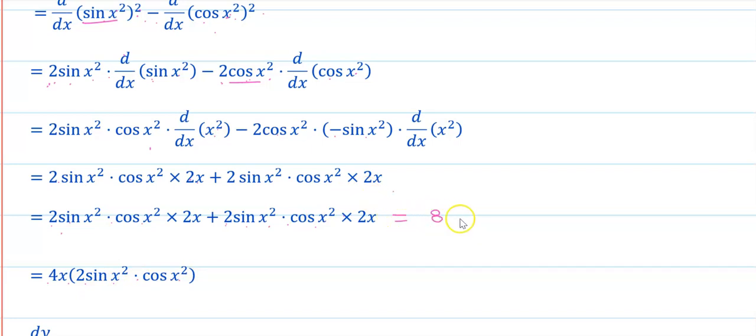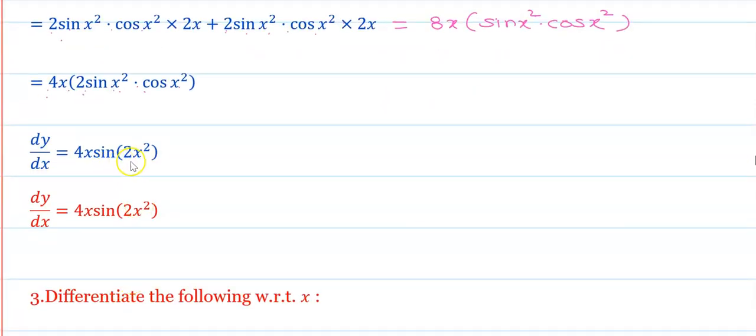Overall, that will become 8x sin of x square into cos of x square. Now 2 times sin of x square into cos of x square means what? Sin of 2x square. And this is the sin of 2x square.